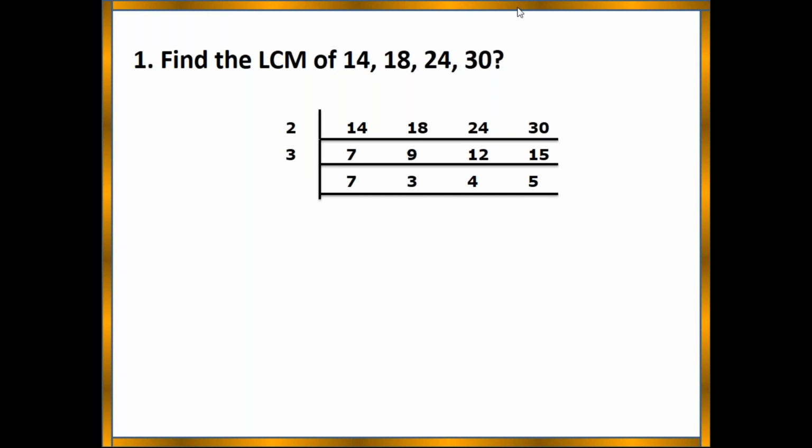Now what will you do? Multiply all the factors. 2 into 3, 6. 6 into 7, 42. 42 into 3, 126. 126 into 4 into 5, 2 into 126.